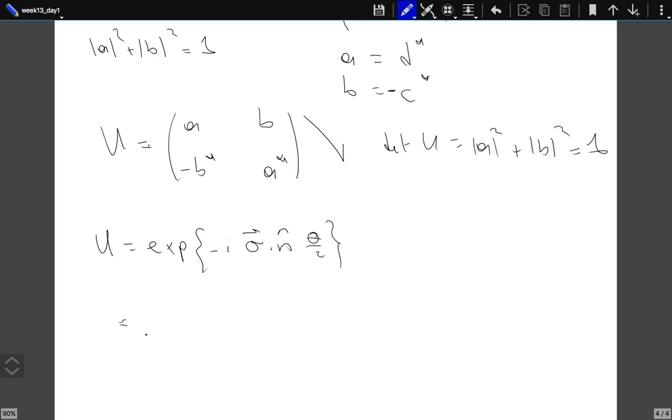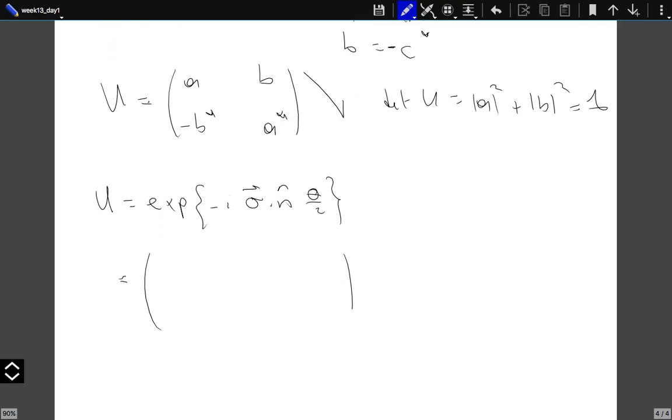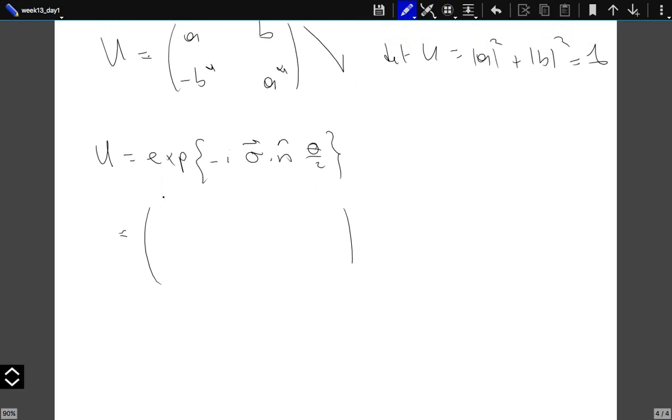This matrix was equal to cosine theta over 2 minus I sigma dot n sine theta over 2, which was e to the power minus I theta over 2, e to the power I theta over 2.